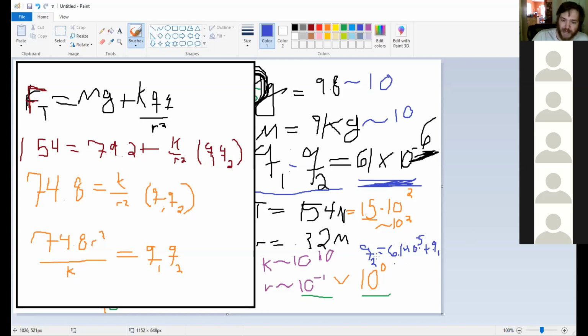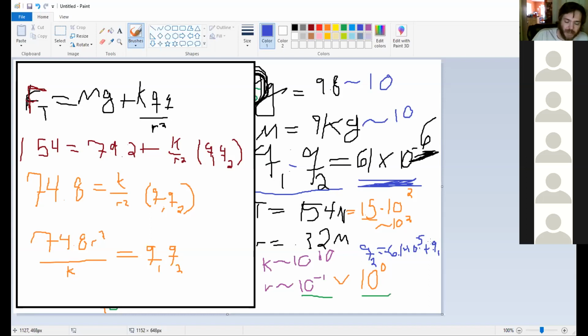So that still gives us this calculation, because I just flipped the negative sign. So now we've got negative 6.14 times 10 to the negative 5th plus Q1 is equal to Q2. Because we would get negative Q2 is equal to this minus Q1, and we can flip the signs. So Q2 is equal to negative this plus Q1.